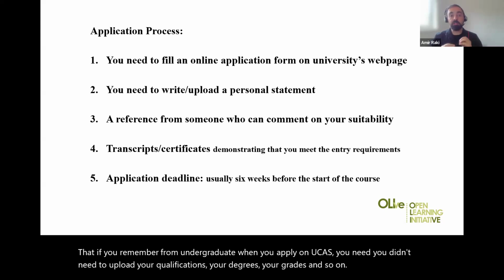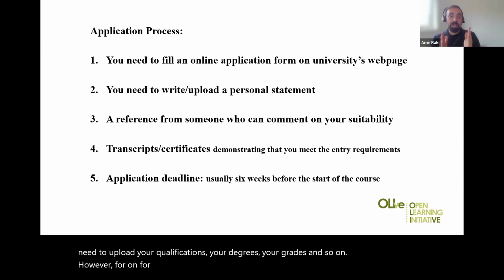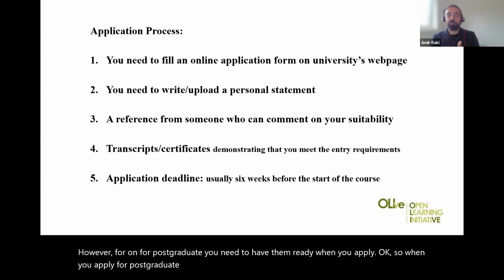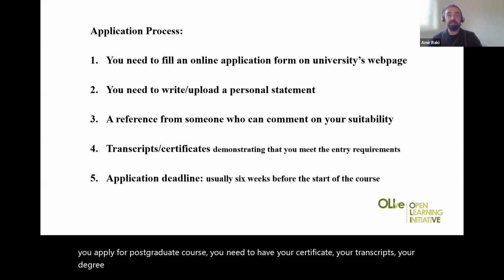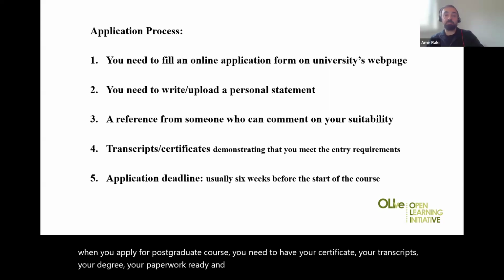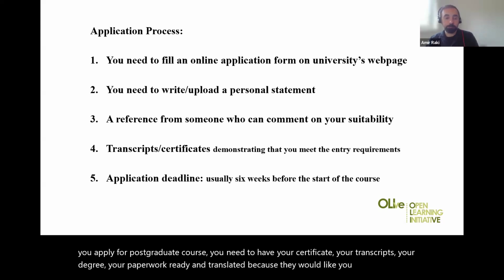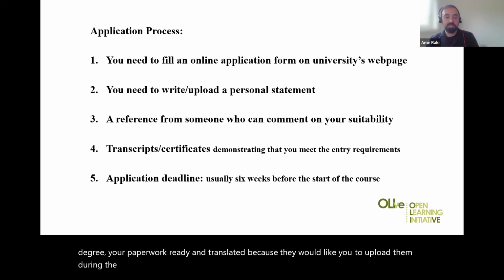However, for postgraduate, you need to have them ready when you apply. Okay, so when you apply for a postgraduate course, you need to have your certificate, your transcripts, your degree, your paperwork ready and translated, because they would like you to upload them during the application process.